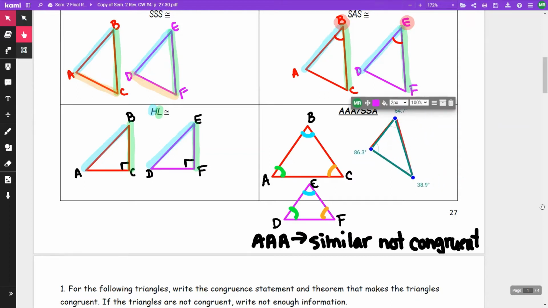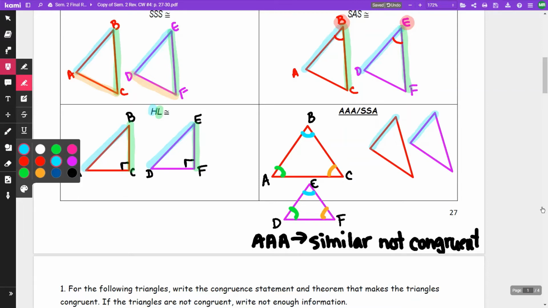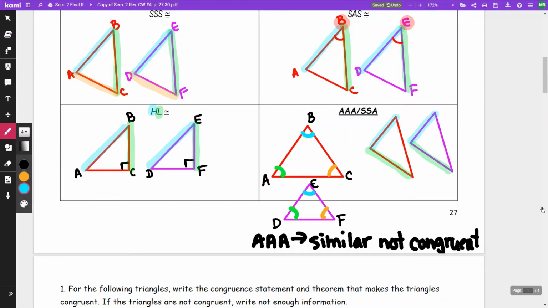Okay, so let's say that the two sides that are the same are this side and this side. And let's say that this side and this side, but we have this angle. Okay, the angle is over here. It's this angle and this angle.